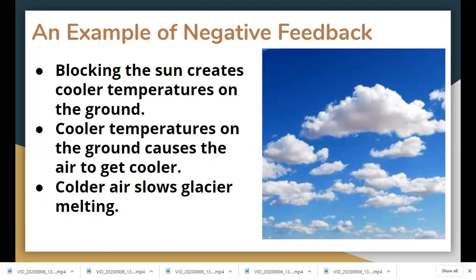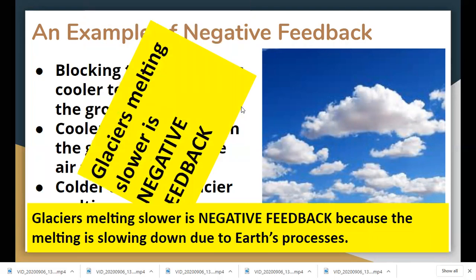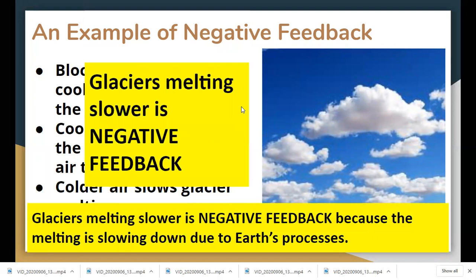And the cooler air then is going to slow the glacier melting. So this is an example of negative feedback. Glacier melting slower is negative feedback because the melting is slowing down due to Earth's processes. So glacier melting slower is negative feedback.